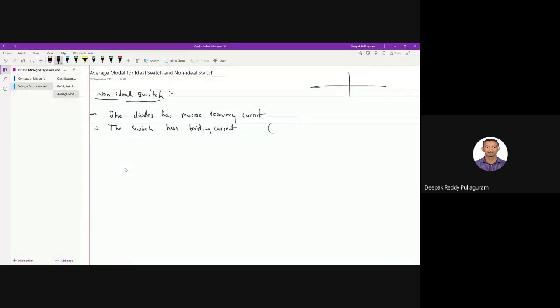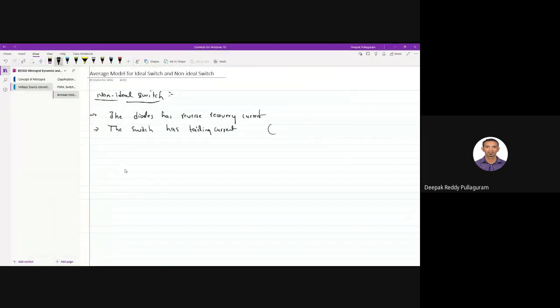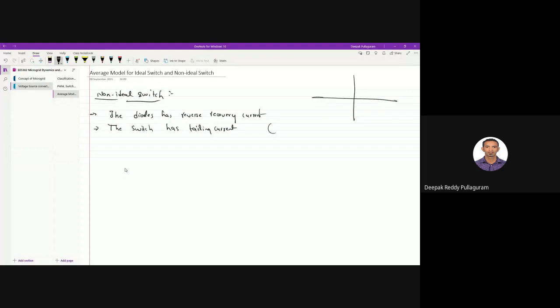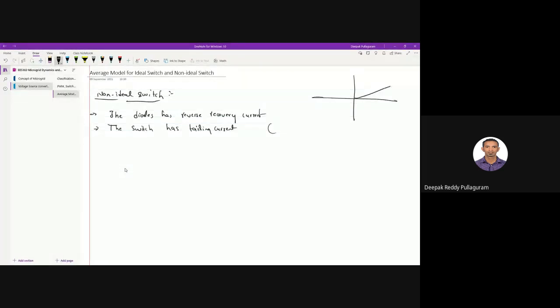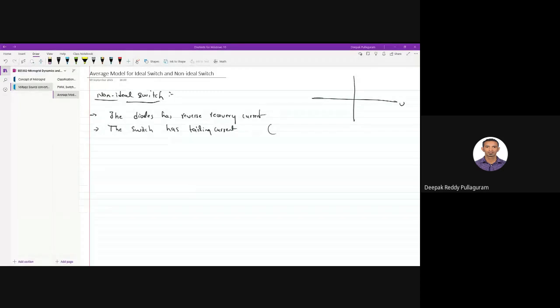Have you heard about leakage current in PN junction diodes? How do the diode characteristics look, linear or non-linear?